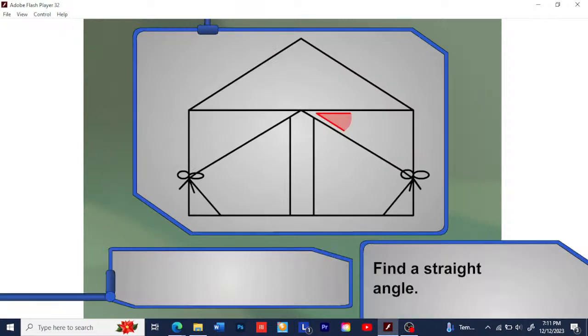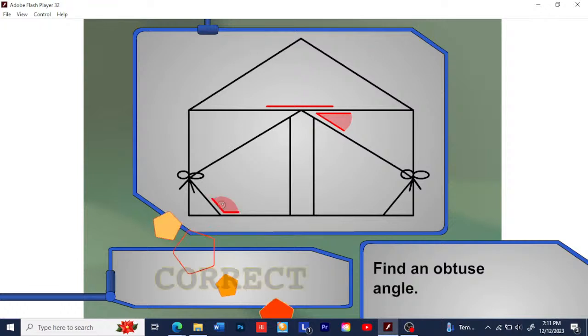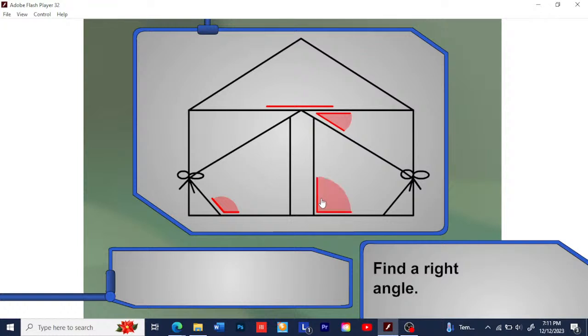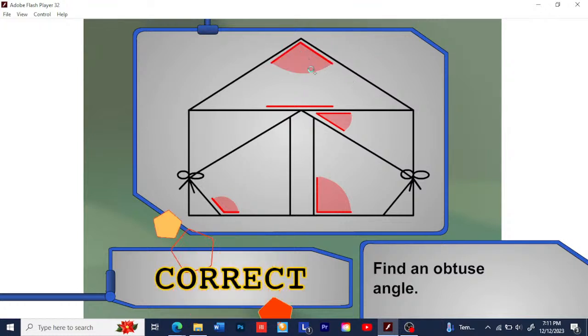Find a straight angle. You got it. Find an acute angle. All right. Find an obtuse angle. Awesome! Find a right angle. You got it. Find another obtuse angle. All right!